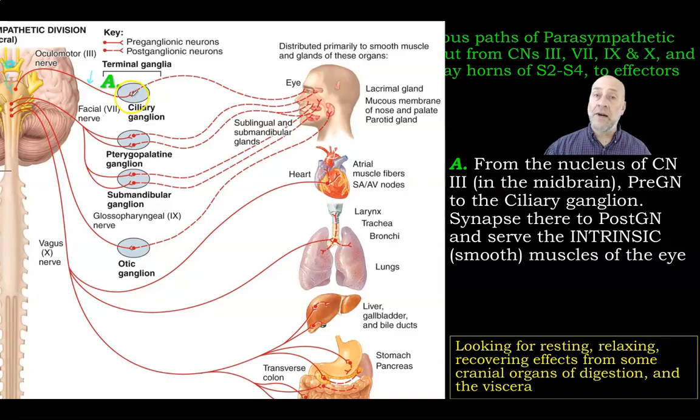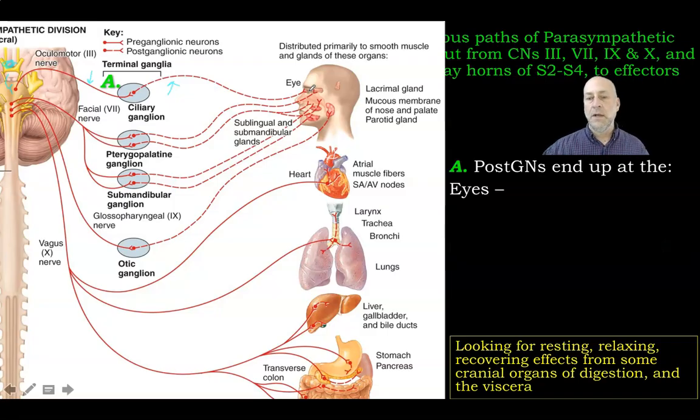Running to the ciliary ganglion, synapsing there, running along a postganglionic neuron to the eyes, and it is getting to the ciliaris and the intrinsic muscles of the eyes. Not the extrinsic, not the skeletal, not the lateral rectus, the medial rectus, the superior rectus and the inferior rectus, but the smooth muscles of the eye, like the ciliaris.